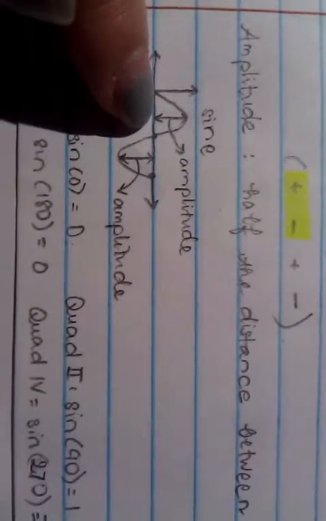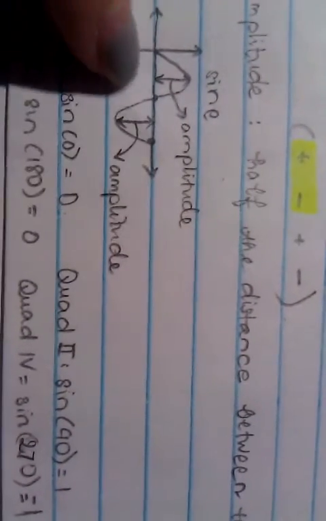We have the middle of the first curved line, and it goes up 1, which shows its amplitude. Same thing with the second curve of sine. We have also another amplitude.